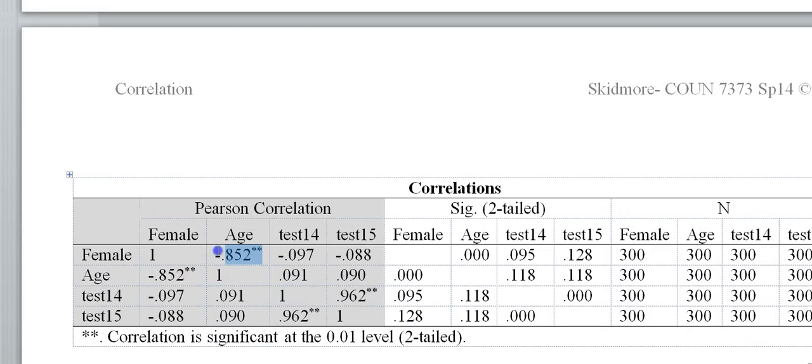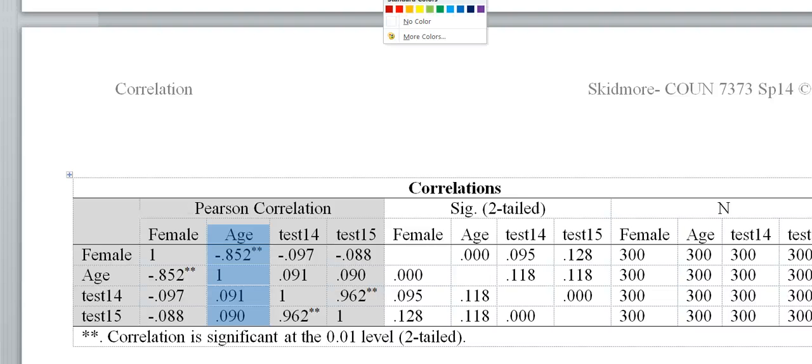But remember, because age was not normally distributed, I'm not going to consider age when I am looking at my Pearson R. So what I would actually do, if I was looking at this, is completely black out this column.